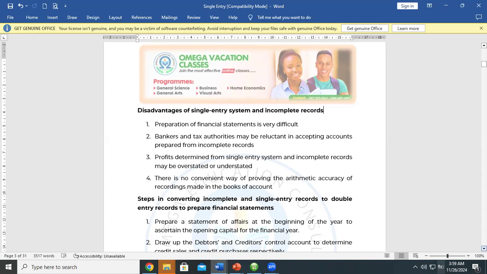Number four, there is no convenient way of proving the arithmetic accuracy here. You are not doing a double entry, so how can you show that the debits are equal to the credits for your trial balance to balance? It's not possible.